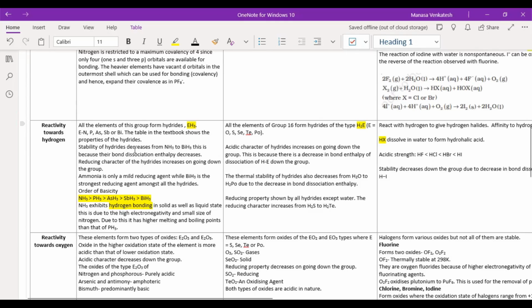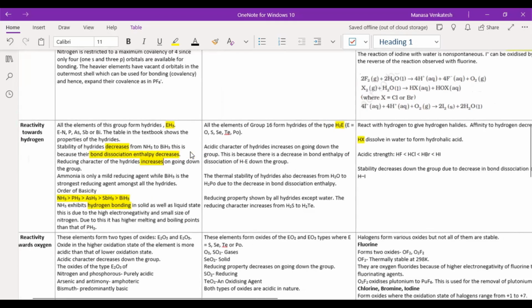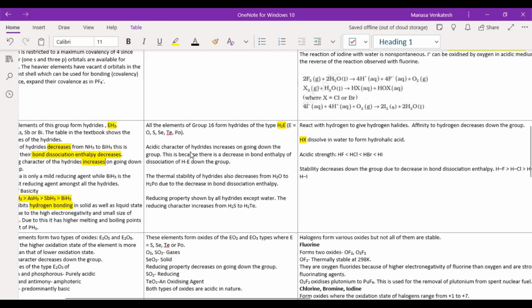So here we talk about stability of hydride decreasing as we go down the group. This is because of decrease in bond dissociation enthalpy, and their reducing power, which increases as we go down the group. Next, in case of chalcogens, they form H2E, basically H2O, remember.